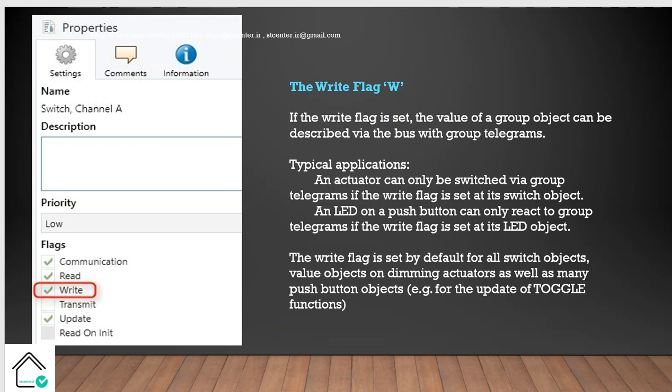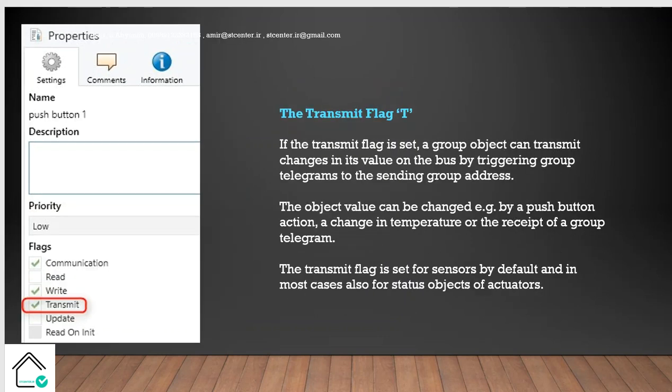Great. The next flag is the T flag, transmit. What does it mean? It means if the T flag is on, of course in addition to the C flag, then the group object always sends the new value on the bus. For most sensors, the T flag is on.